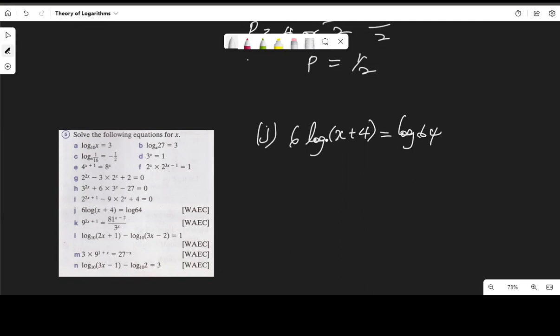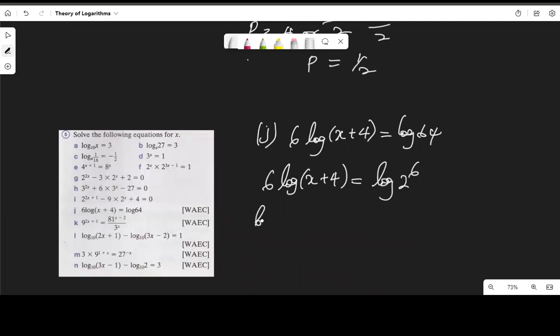Question J is 6 log (x plus 4) equal to log 64. This you can write as log (x plus 4) equal to log 64. I can write that as 2 to the power of 6, because 2 to the power of 6 is 2 times 2 times 2 times 2 times 2 times 2, which is 64.